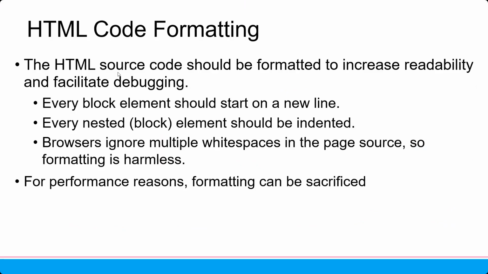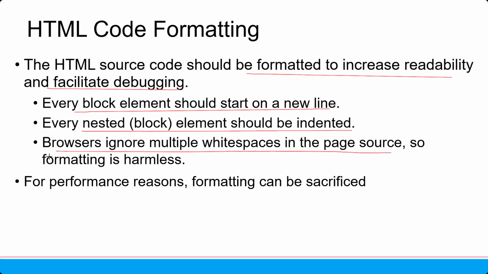The HTML source code should be formatted to increase readability and facilitate debugging. Every block element should start on a new line. Every block element should be indented. And browsers ignore multiple white spaces in the page source.